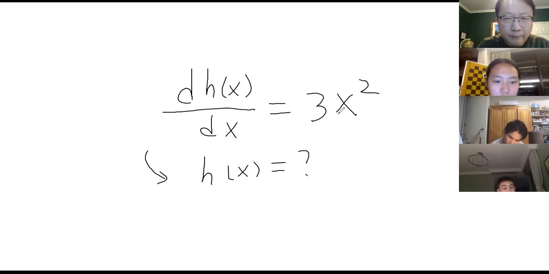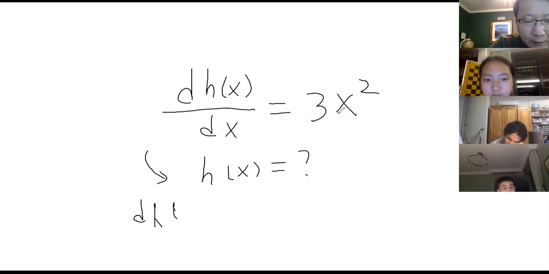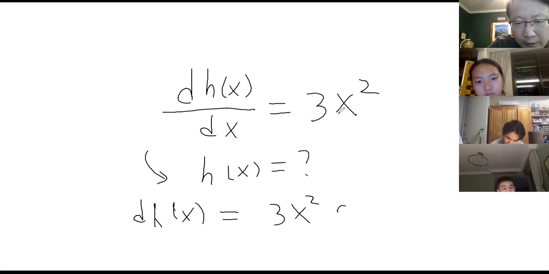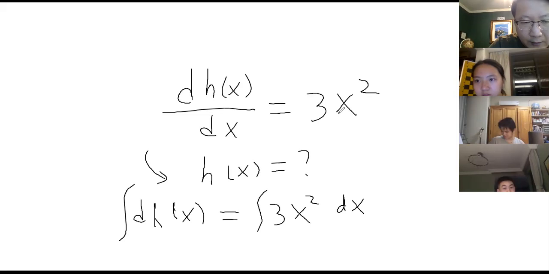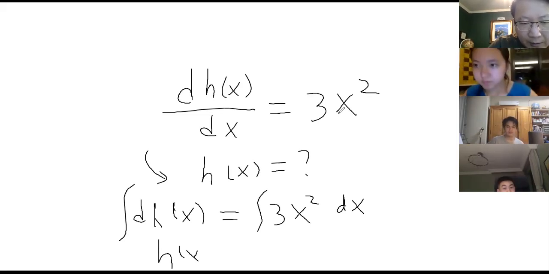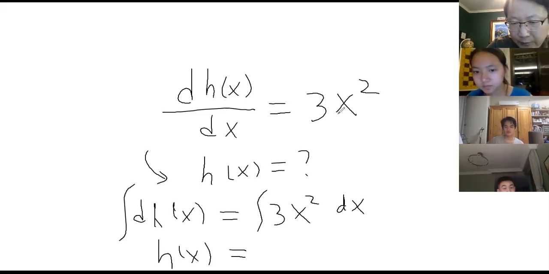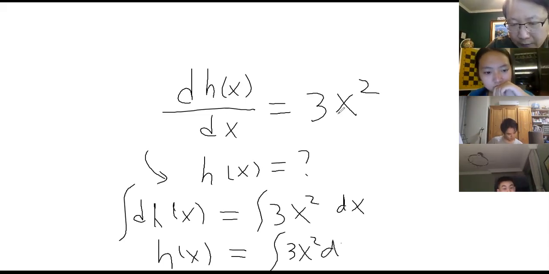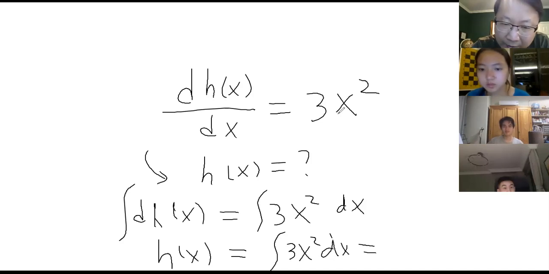So hx equals the integral of 3x squared dx. We need to find a function whose derivative equals 3x squared, and we know that is x cubed.